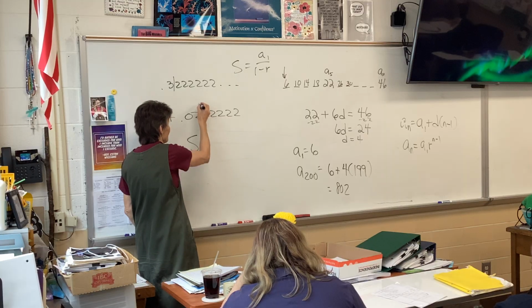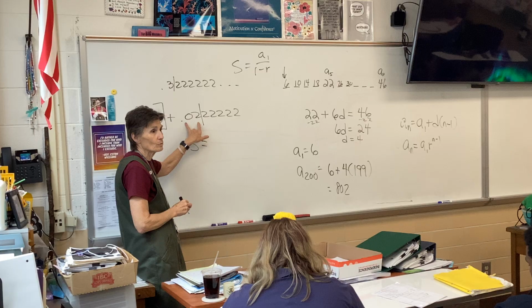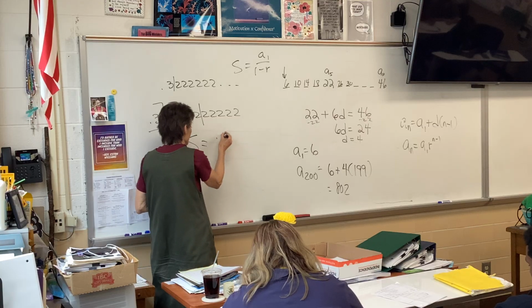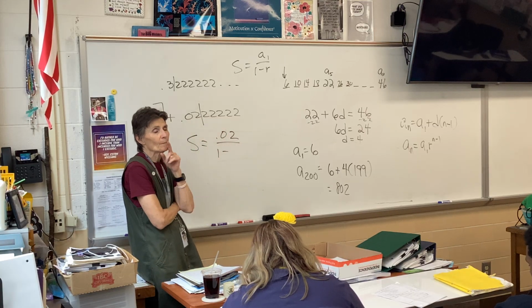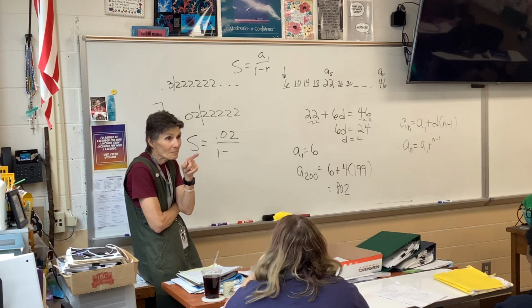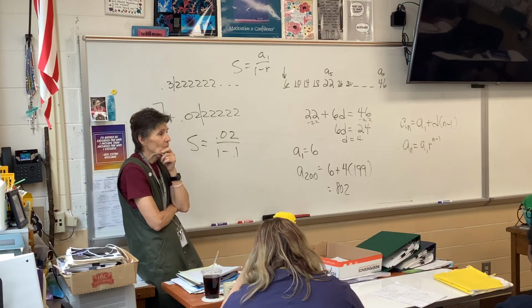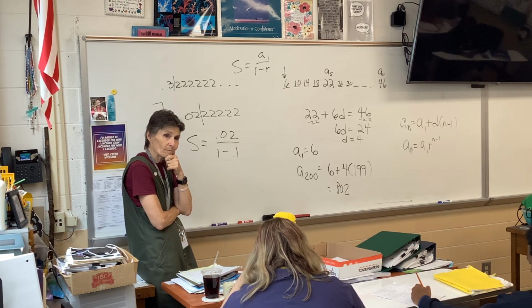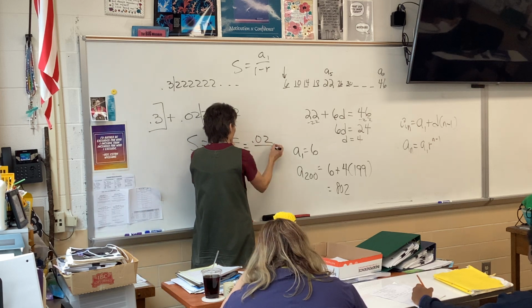Not 0.2, 0.02. There's your first term right there. Be careful, what's your ratio? 0.1. Why is the ratio only 0.1? Only one repeating number. So we have 0.02 over 0.9.